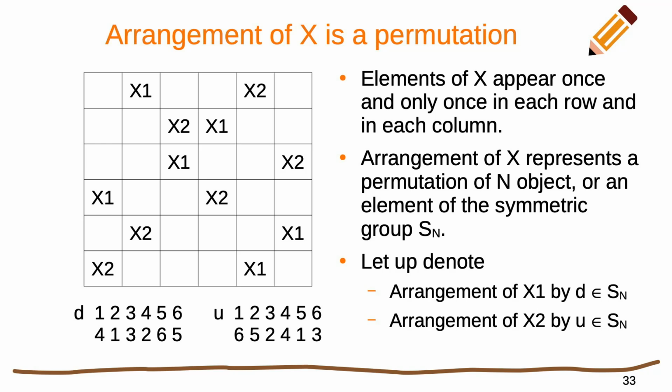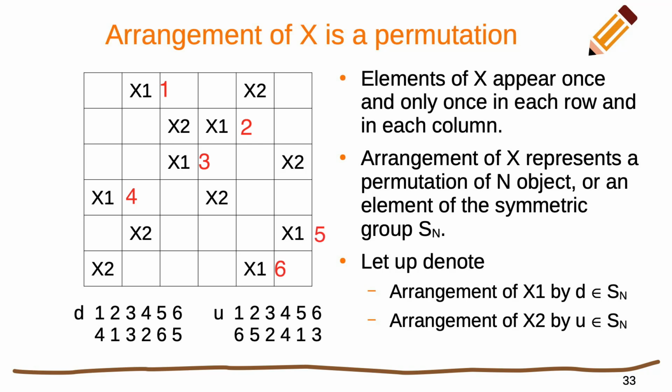symmetric group Sn. In this example of order 6, observe the position of x1. Read the row indices of x1 from left to right. We obtain 4, 1, 3, 2, 6, and 5.